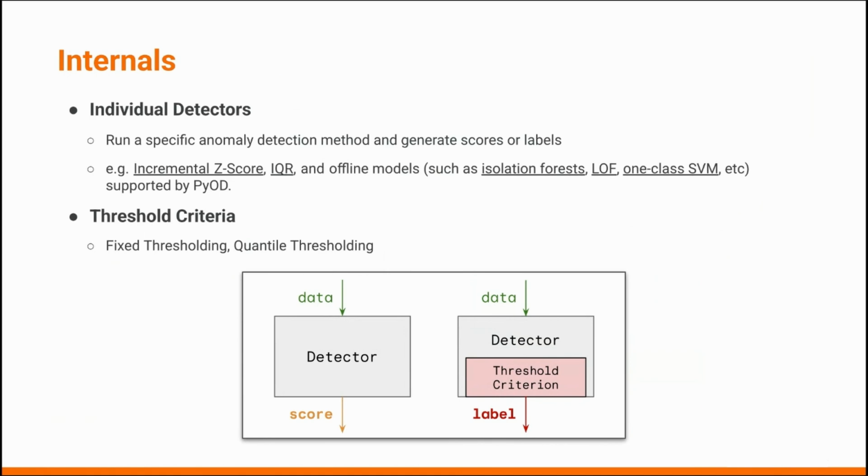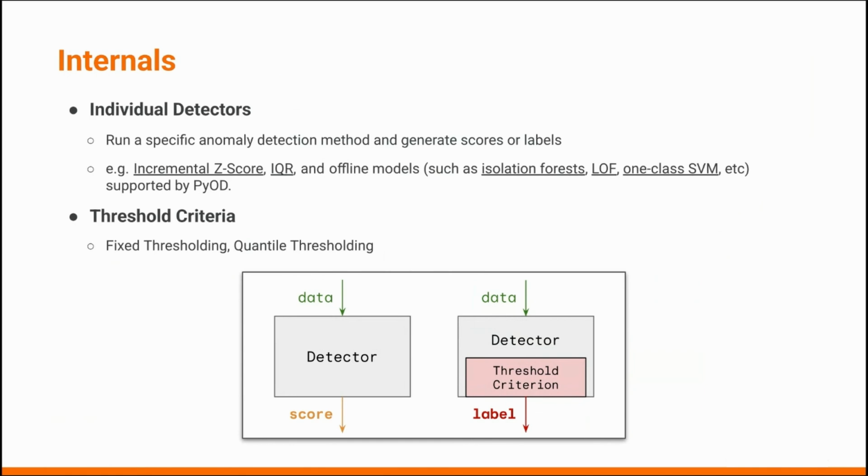Each detector component can optionally include a threshold criteria subcomponent. Without a threshold criteria, the detector simply outputs outlier scores. However, if a threshold criteria is specified, it's used to assign labels to the scores.